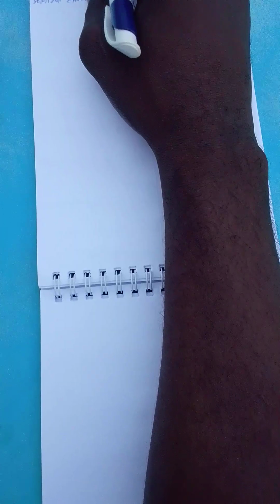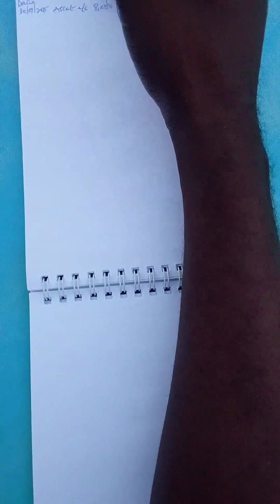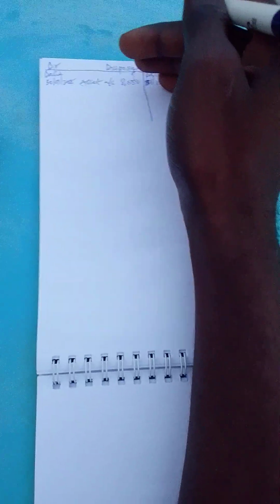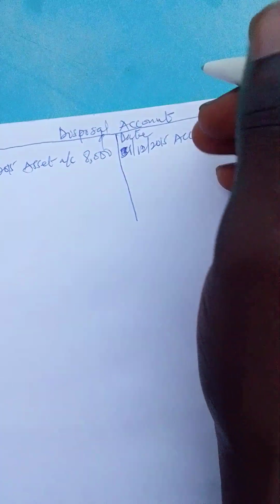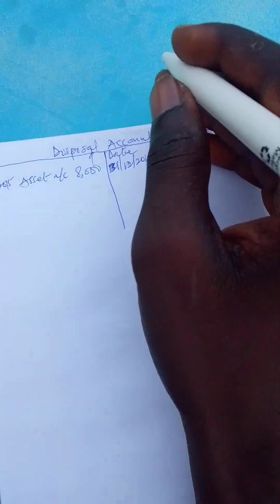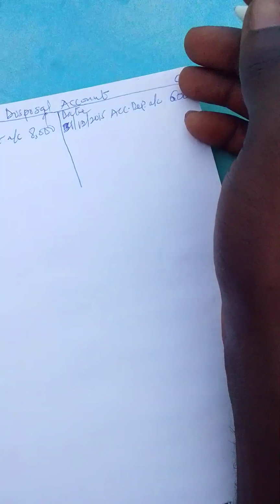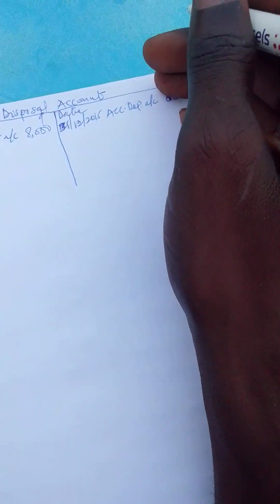Then the asset was sold off, and whenever the asset is sold off, we receive cash. So cash is going to be debited and the disposal account is going to be credited, but cash is not going to be introduced here. We are just introducing the disposal account. So we are going to credit the disposal account in the name of what? Cash.